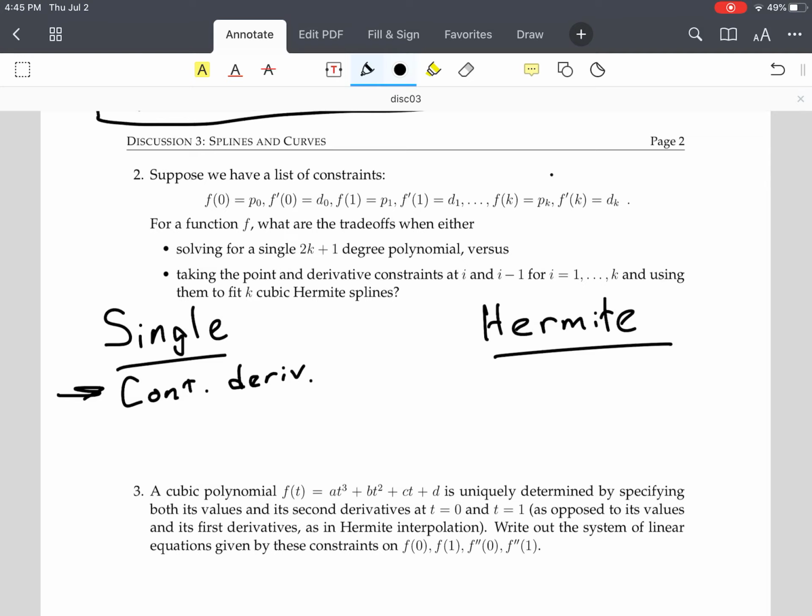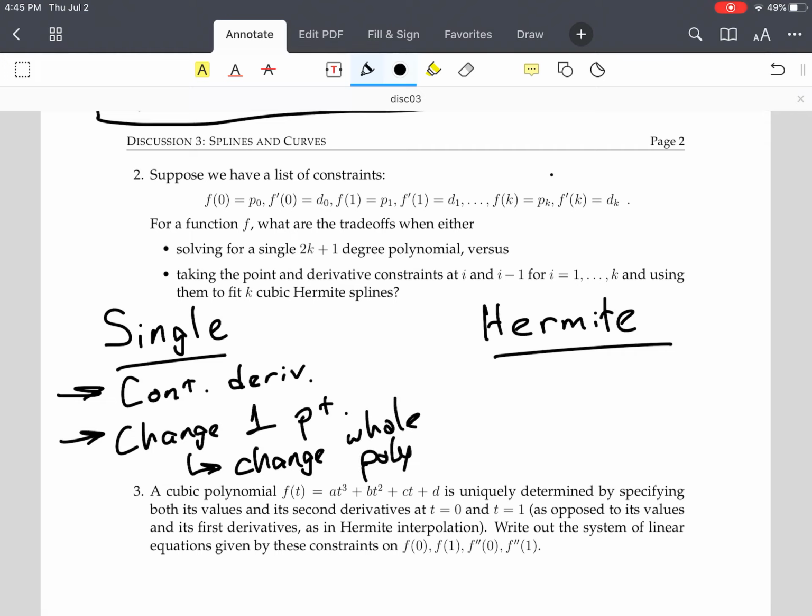We don't have to ever worry that we're going to differentiate and get something weird, some weird numbers. Okay, one issue though is, if we change a control point, change 1 point, it could change the whole polynomial, right? Because the polynomial has to go through all of them, and it's just one polynomial going through everything. So just changing 1 point could really change what our polynomial looks like.